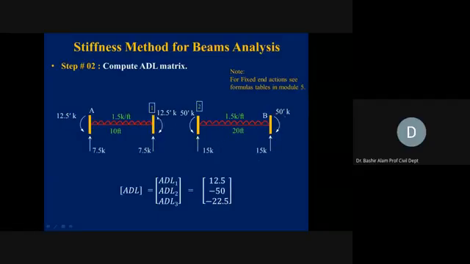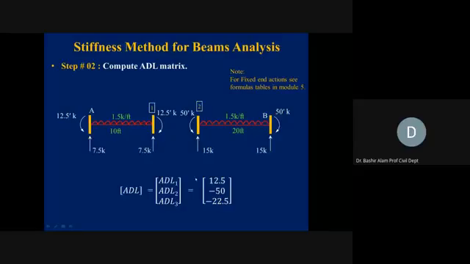Now corresponding to D1, we have 12.5 in the clockwise direction. So this 12.5 we have recorded as ADL1. To the right, we have 50, but this is in the counterclockwise direction, which is opposite to D2, which was clockwise. So we put minus 50.